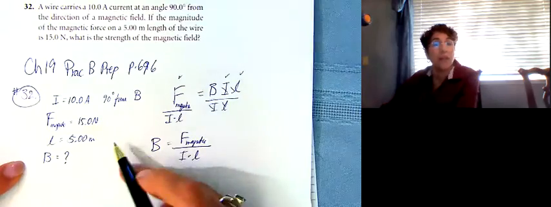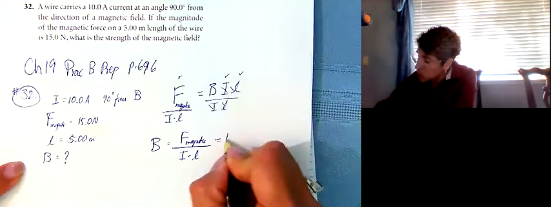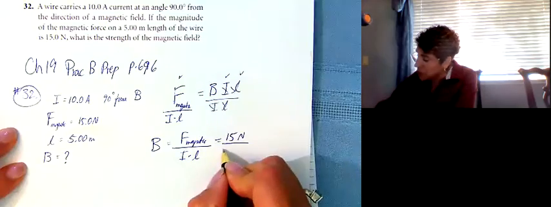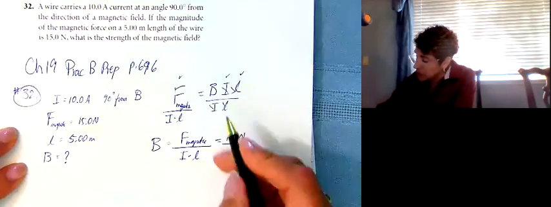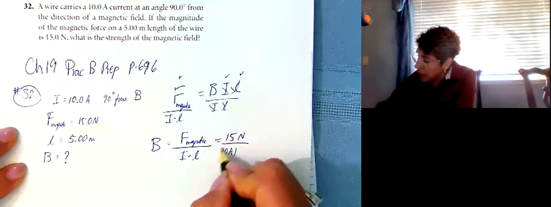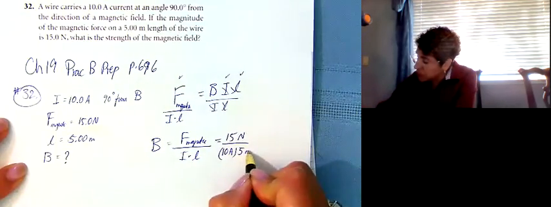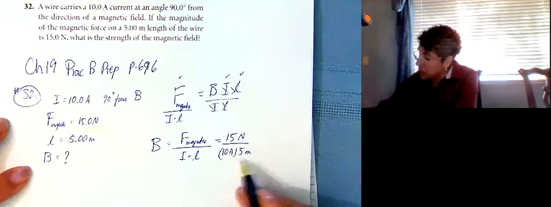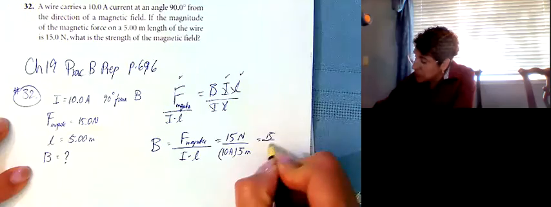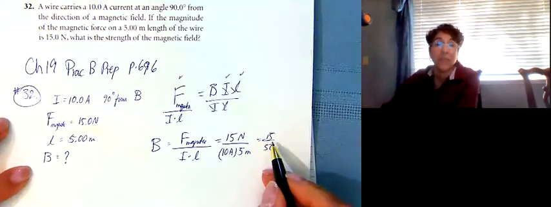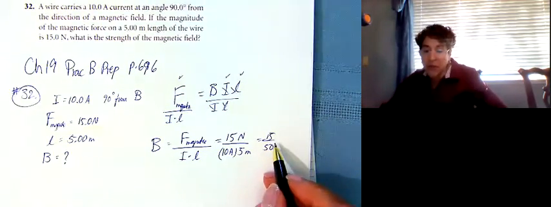Straightforward. I've got 15 newtons in the numerator, divided by the current, which was 10 amps, and the length, which is 5 meters. So I have 15 divided by 50.